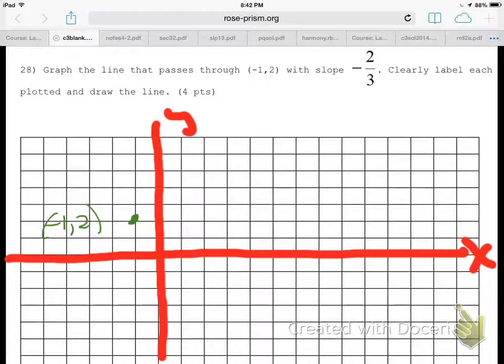Writing the coordinates next to it is what I mean by labeling the point. Now, this has a slope of -2/3. That means if I move 3 to the right, 1, 2, 3, and then down 2, 1, 2, here is another point on the line. Now that's 2 over and 0 up and down, so that is the point 2 for x, 0 for y. That's all I need you to do, other than to just draw the line that passes through those points, and you're done.